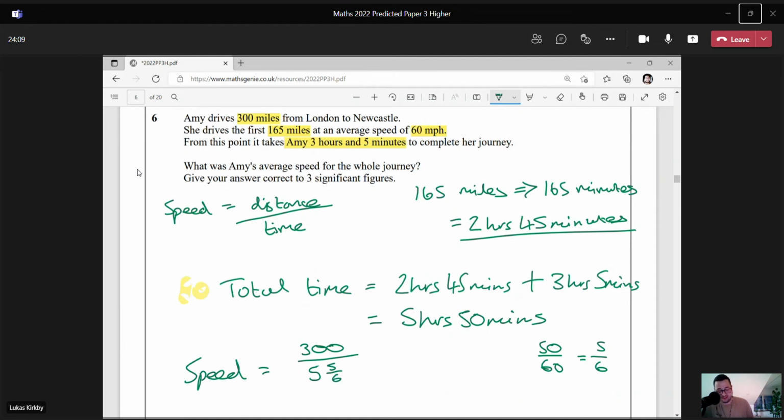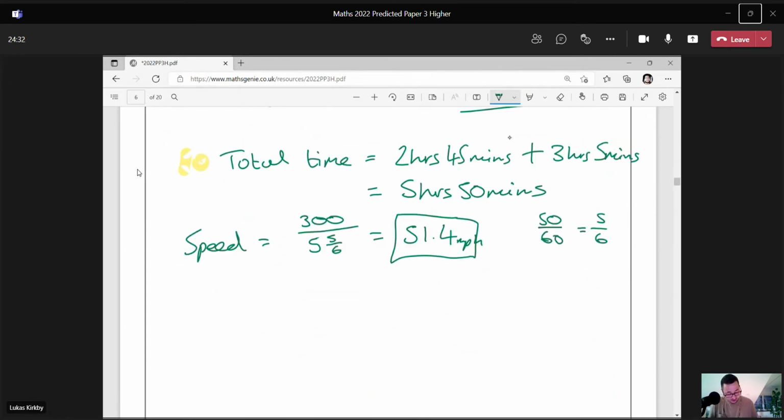And if we type that in our calculator, so 300 on the top, and then a mixed fraction at the bottom, 5 and 5/6, we end up with, and we want it to 3 significant figures, 51.4. And that is miles per hour. So let's write that down here.